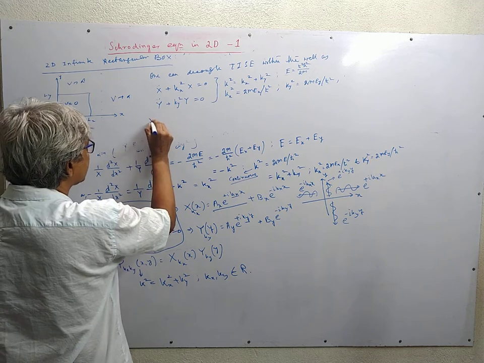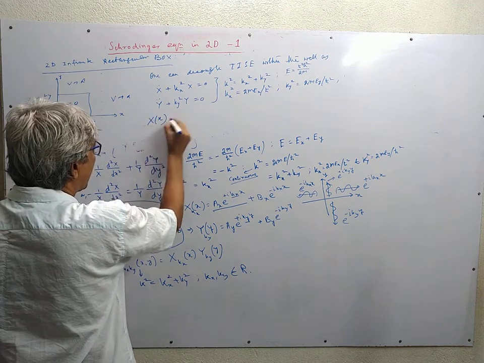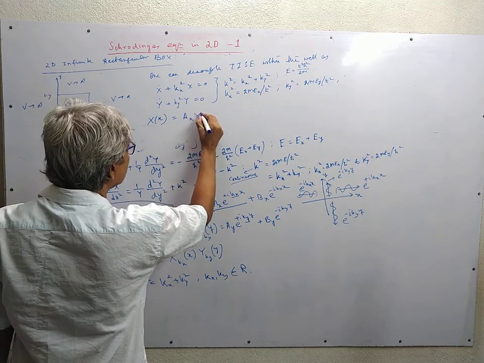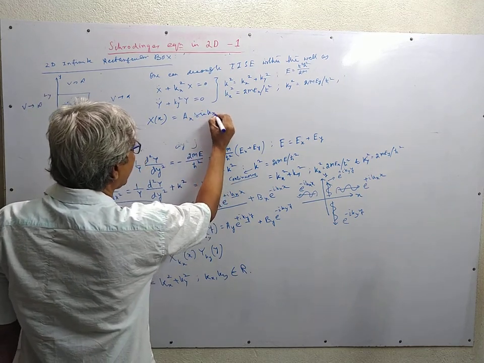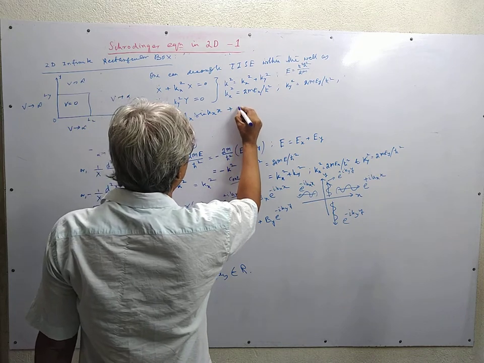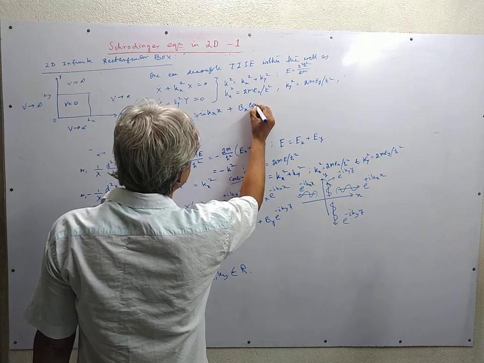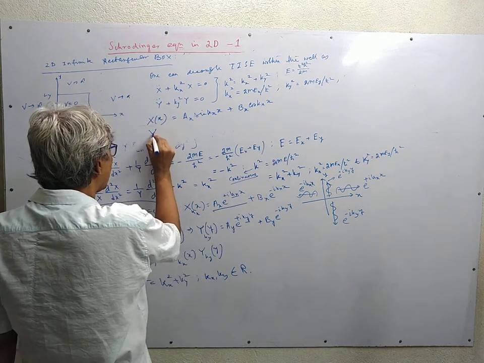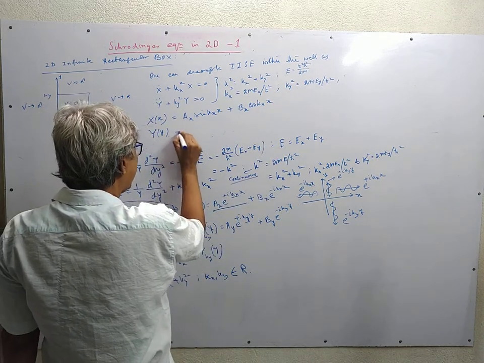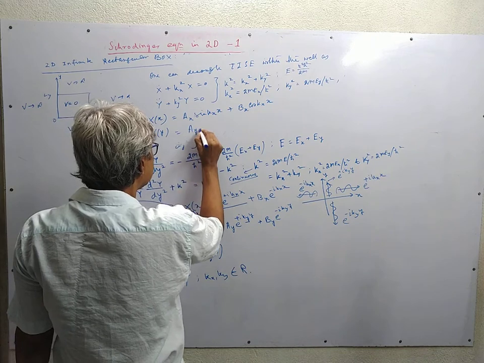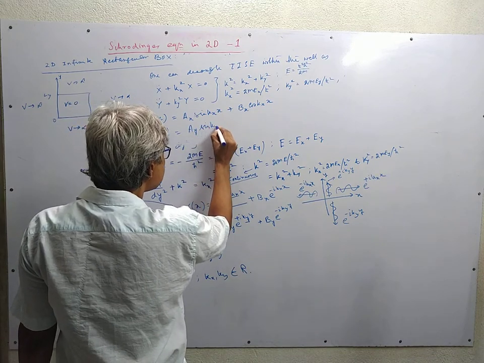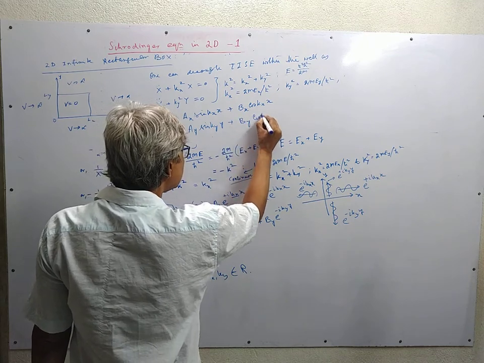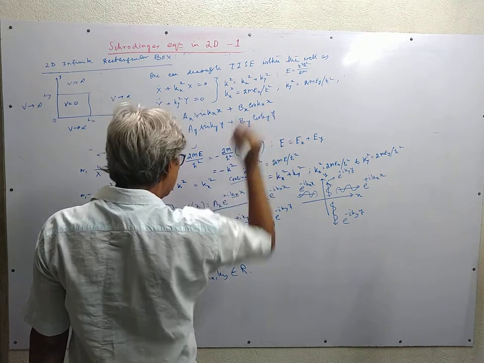So we write the solution as X equal to Ax sine kx x plus Bx cos kx x, and for the y motion we assume the solution again in the form of stationary waves. These are the solutions.